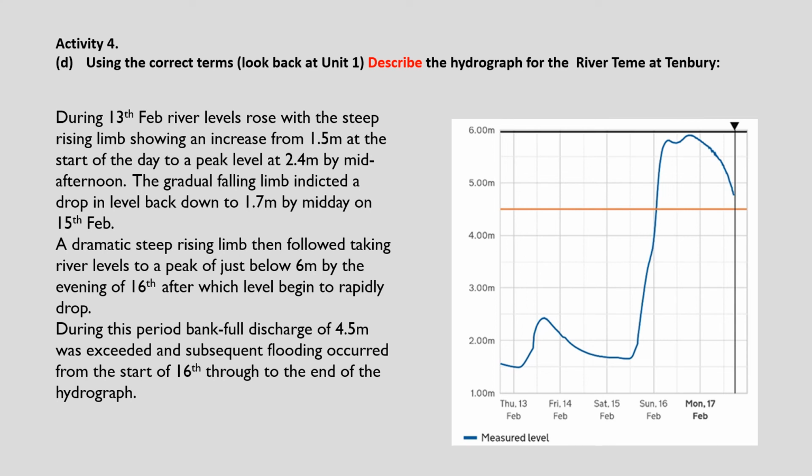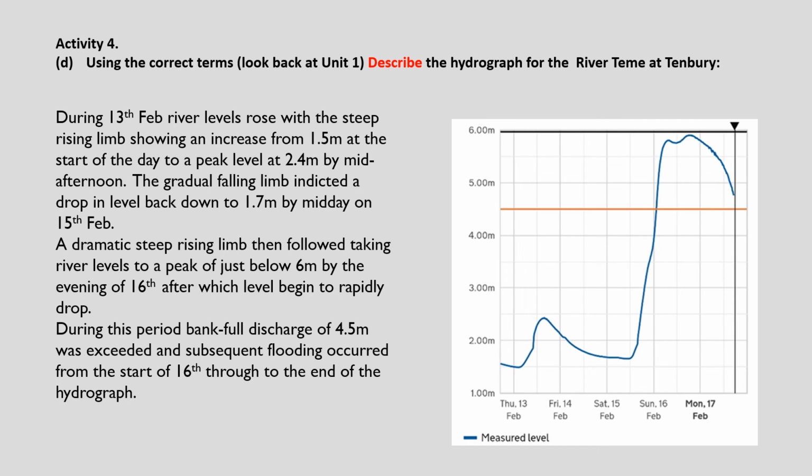For a graph question, you've got to use the information given to you to help develop your answer. So the graph on the x-axis has got the date, so from Thursday the 13th of February to Monday the 17th of February. On the y-axis, you've got the measured level of the river during that rainfall event.